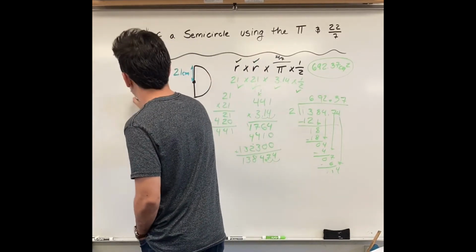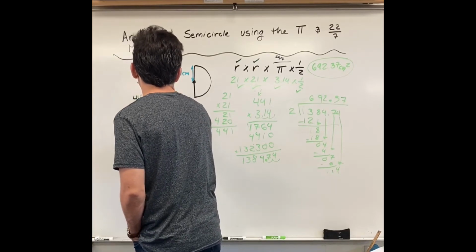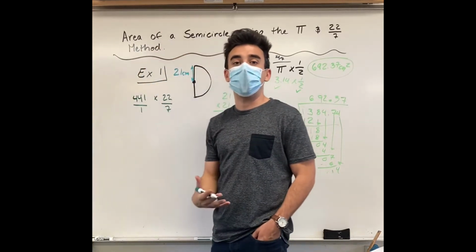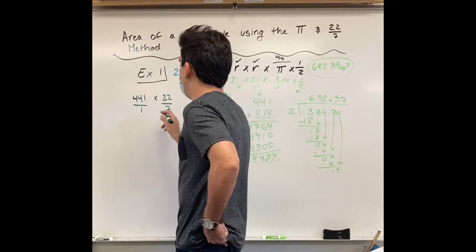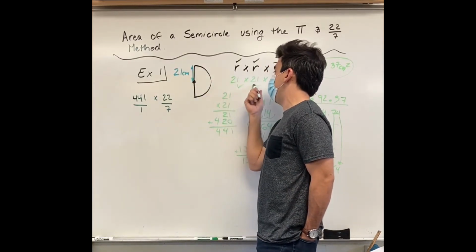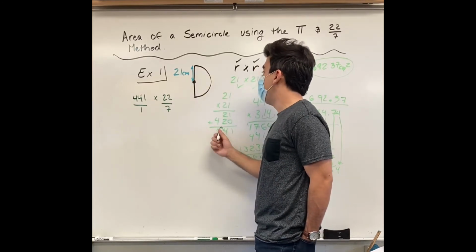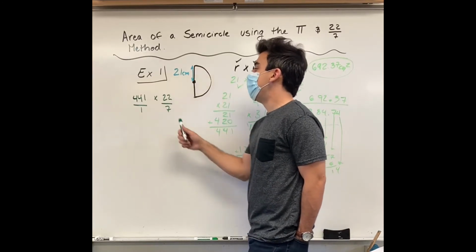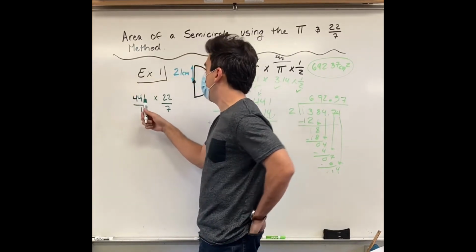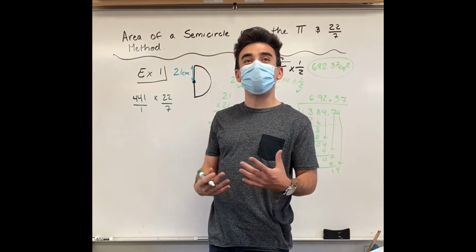So I'm going to now do 441 times 22/7. And I'm going to turn 441 into a fraction to help me out. Now, we know that 7 can go into both 21 and 21. So whatever that multiplies to, which is 441, 7 has to go into it. So if 7 can go into 441 and 7 can go into 7, what could we do? Good, we could cross simplify.